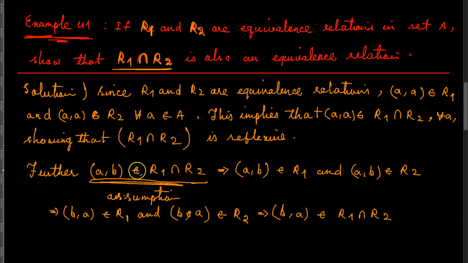So now here we are assuming that (a, b) belongs to R1 intersection R2. This assumption I can safely make. There is no problem with that. This assumption implies that (a, b) belongs to R1 and also (a, b) belongs to R2.